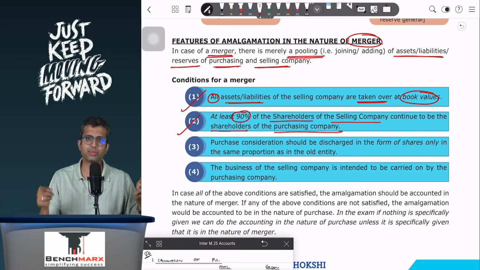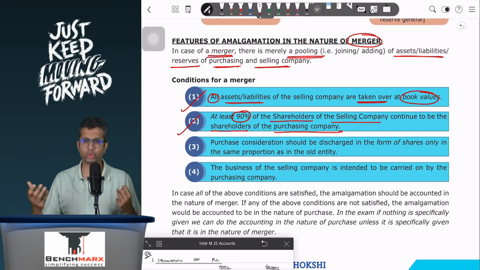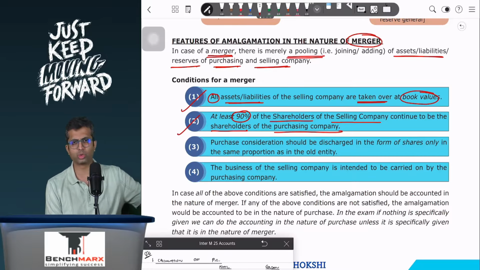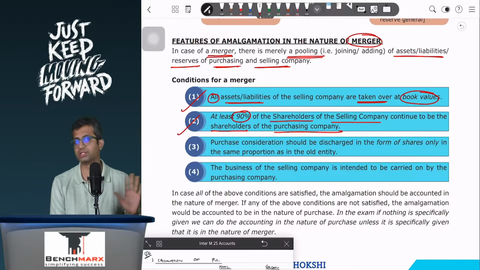Can I say 90% of the shareholders of these companies are the same? Yes, and hence one can say that Geo North and Geo South are coming together, but at the end of the day, they're just reorganizing. And hence, 90% of the shareholders have to be the same. Now, in most of the questions, we don't know who the shareholders of P are, who the shareholders of S are. And hence, we cannot solve considering amalgamation in the nature of merger unless it is otherwise given. We'll assume it is in the nature of purchase.